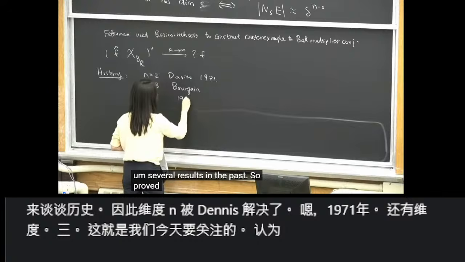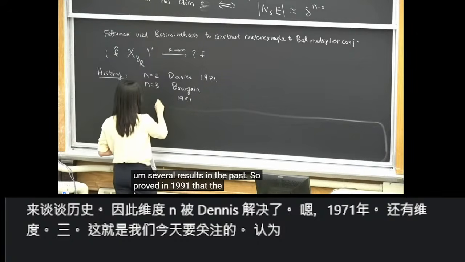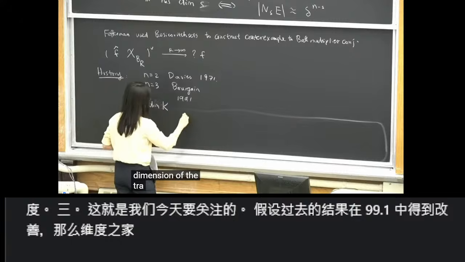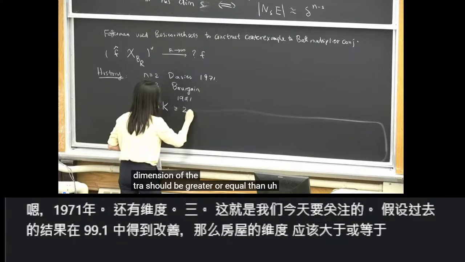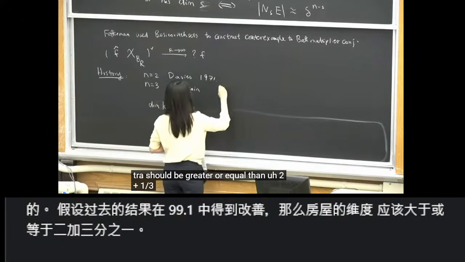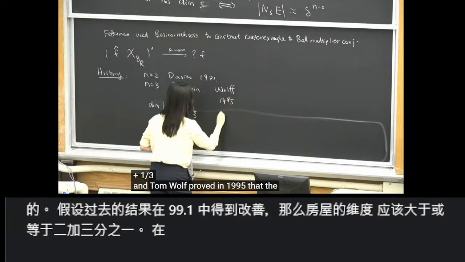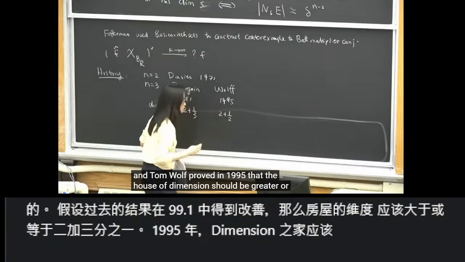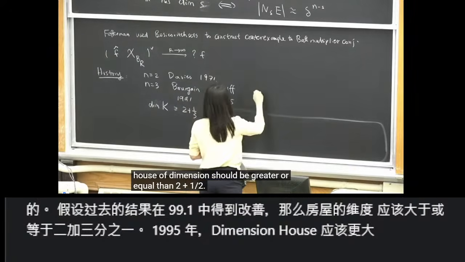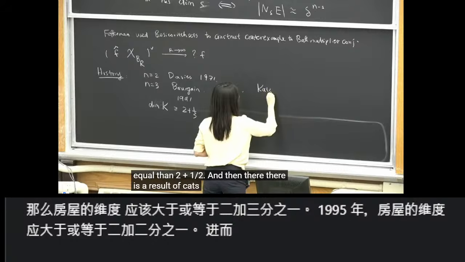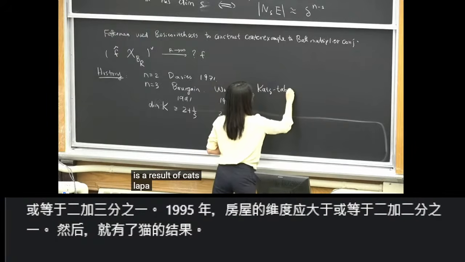Bourgain proved in 1991 that the Hausdorff dimension of a Kakeya set should be greater than or equal to 2 plus 1/3. And Tom Wolff proved in 1995 that the Hausdorff dimension should be greater than or equal to 2 plus 1/2. And then there is a result of Katz, Laba, and Tao.